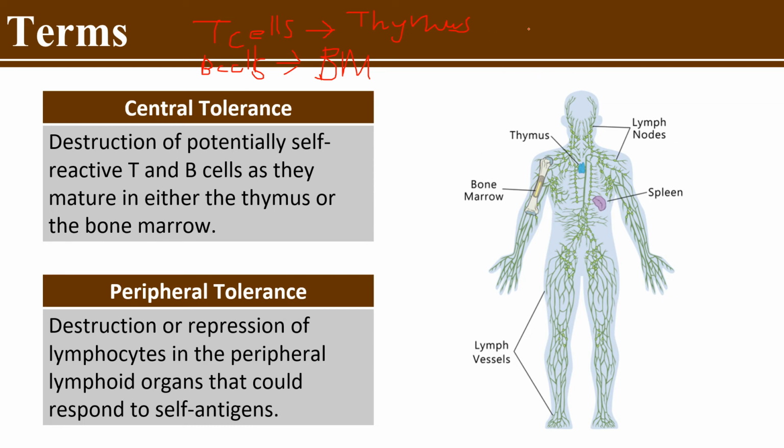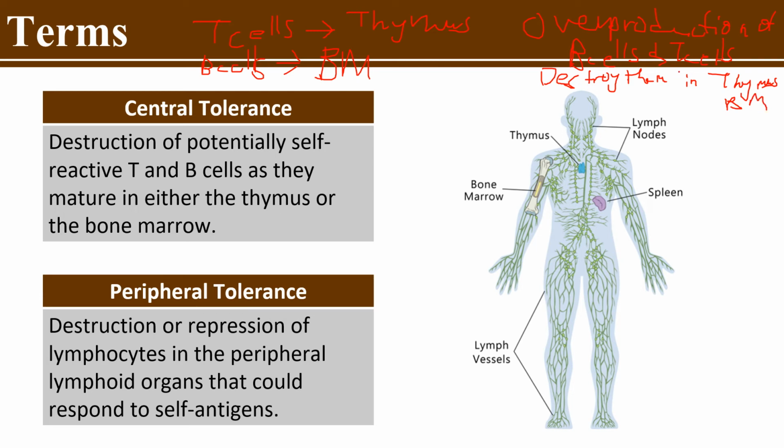Now, what happens here, class, if there is overproduction of B cells and T cells? It would cause your body to destroy them in the thymus and in the bone marrow.